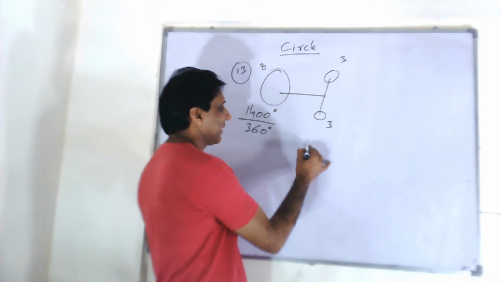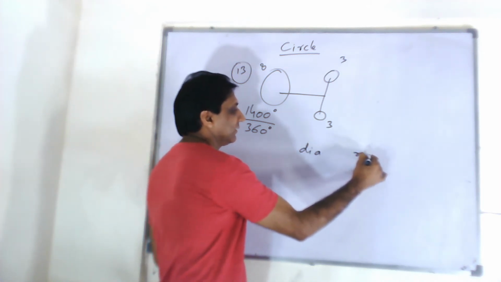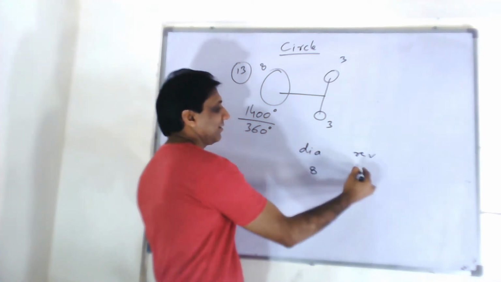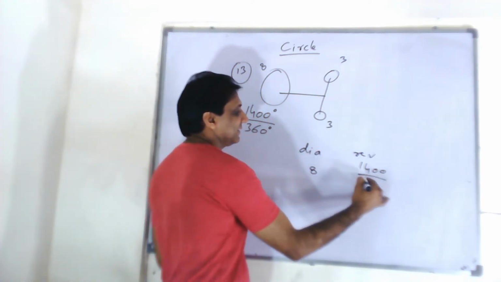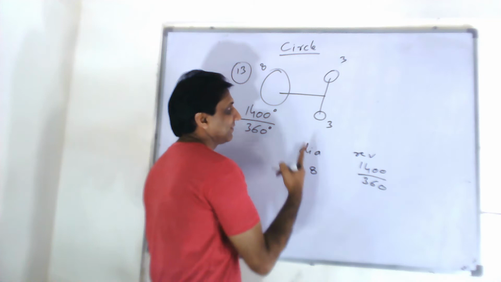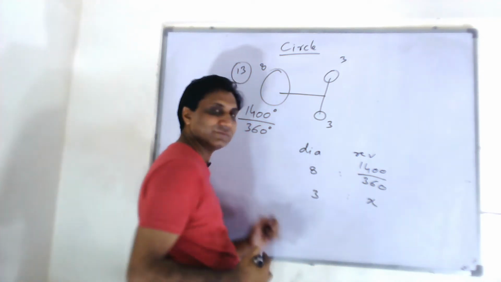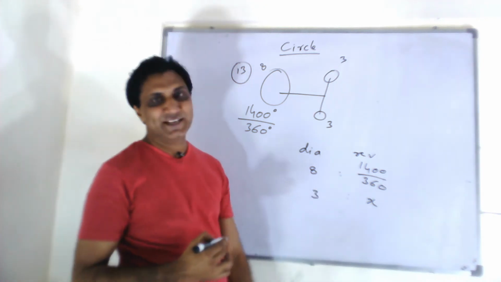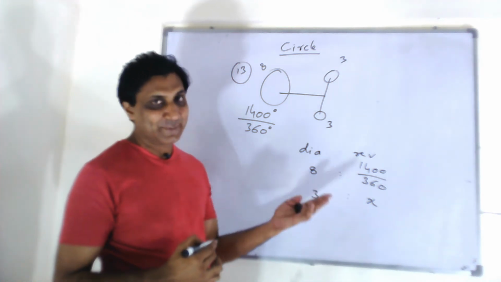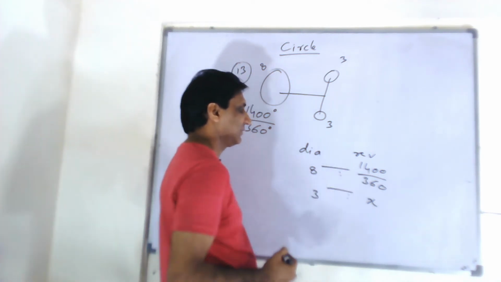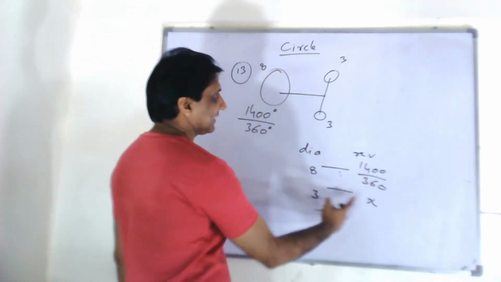Diameter is 8 and revolutions are 1400 divided by 360. If diameter is 3, revolutions is x. Because the relationship is inverse, the more the diameter, the less the RPM, so you multiply straight: 8 times this and 3 times this.